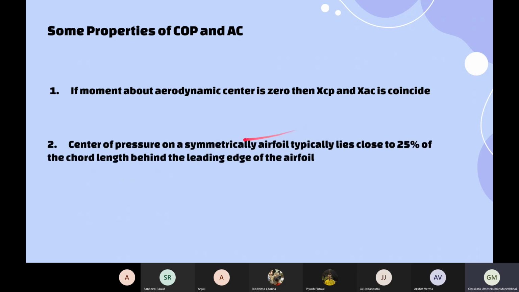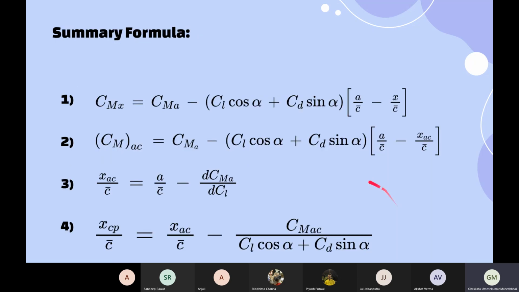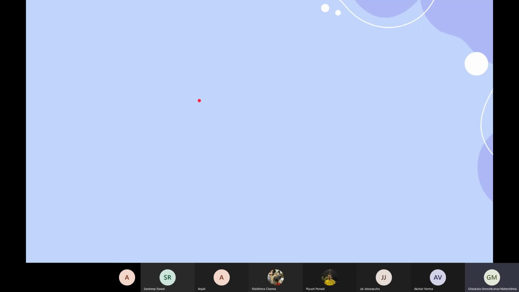The second property: for a symmetrical airfoil, the center of pressure lies close to 25% of the chord length from the leading edge. The third: if we increase the angle of attack, the position of the center of pressure changes, and it moves forward. Keep it in mind, and you can verify from this diagram. This is a summary of the formulas we derived in the previous slides.